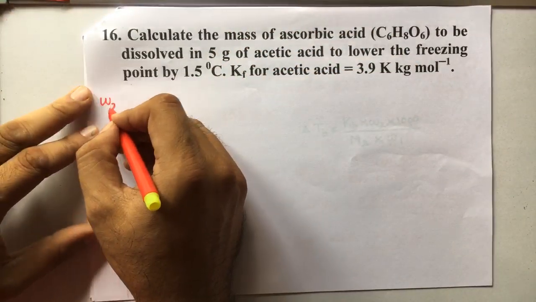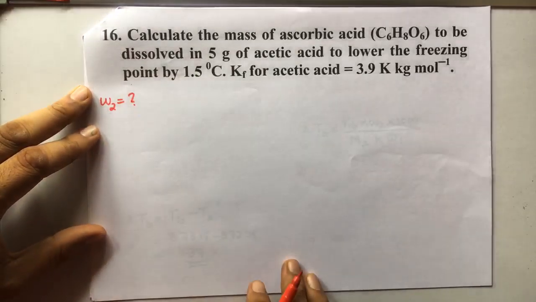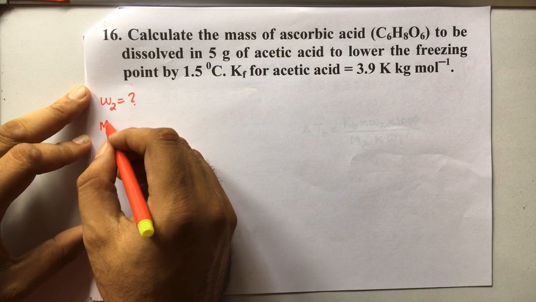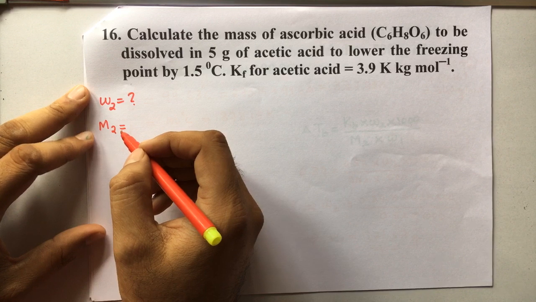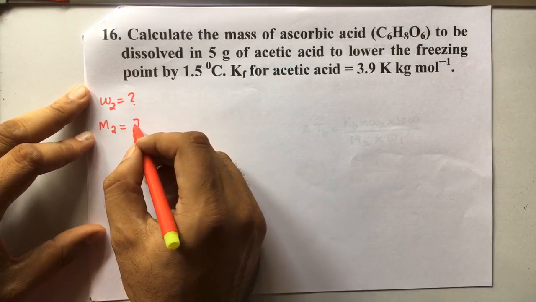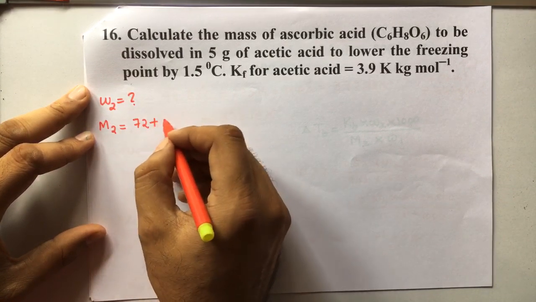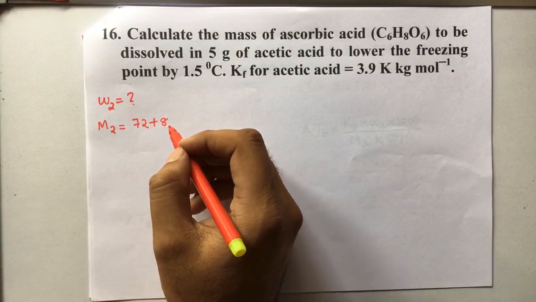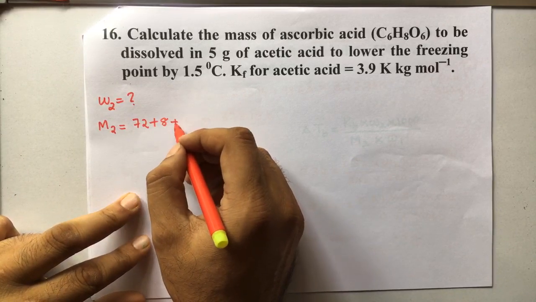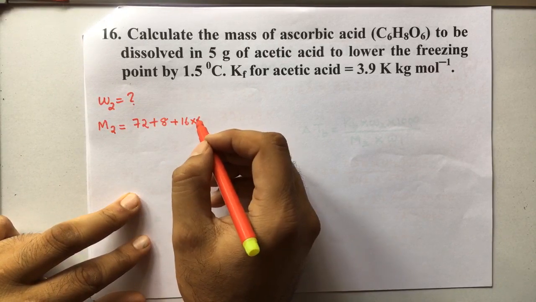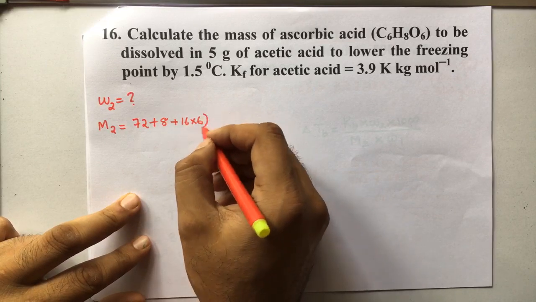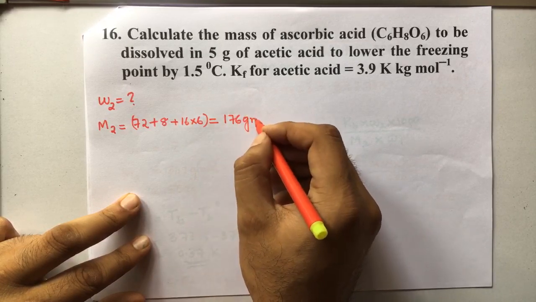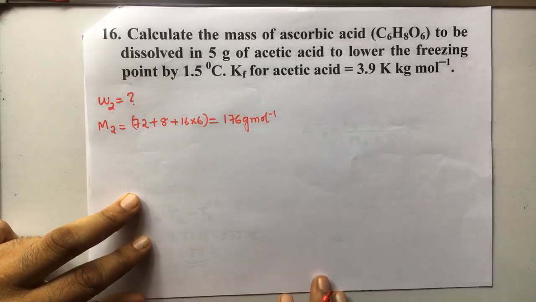So they are asking for W2. The formula is C6H8O6. So 12 into 6 is 72, plus 8, plus 16 into 6. You can calculate this molar mass. This comes out to be 176 gram per mole.